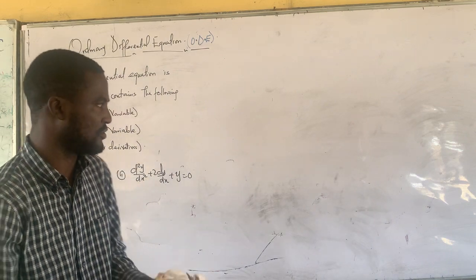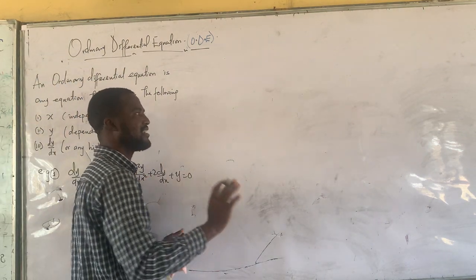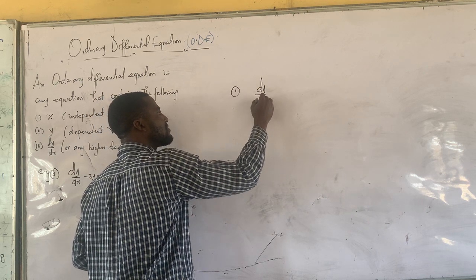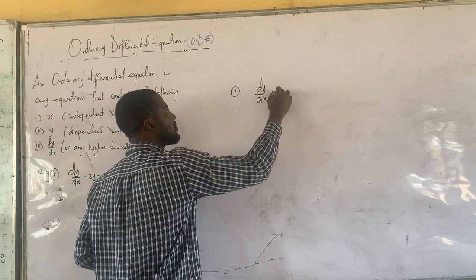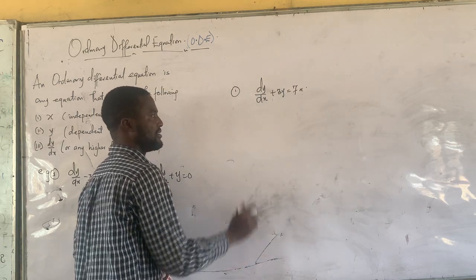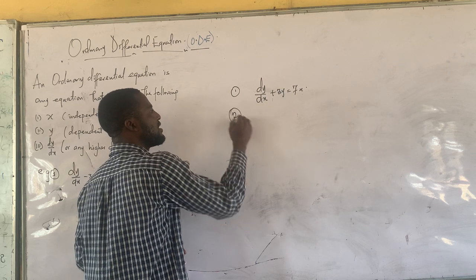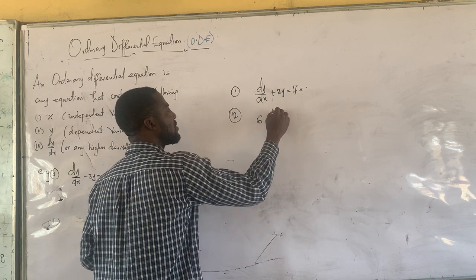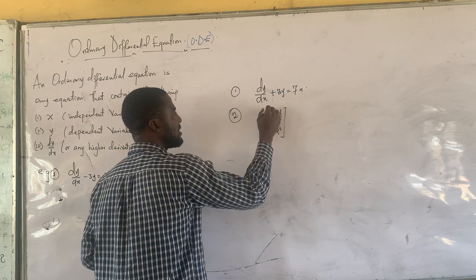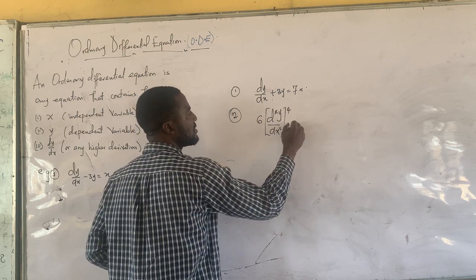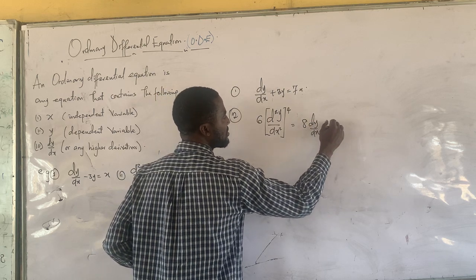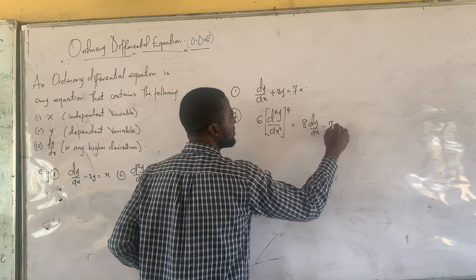Now let me break it to you with these three examples. Number one, if you have dy/dx plus 3y equals 7x, you will tell me this is an ODE. Number two, if I have 6(d²y/dx²)⁴ equals 8 dy/dx minus 7y.